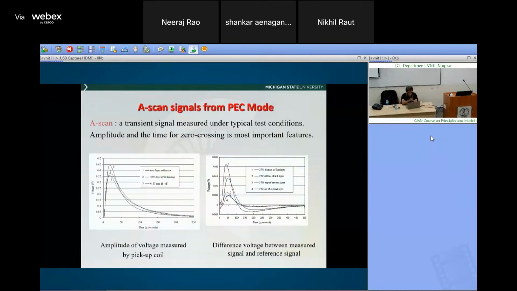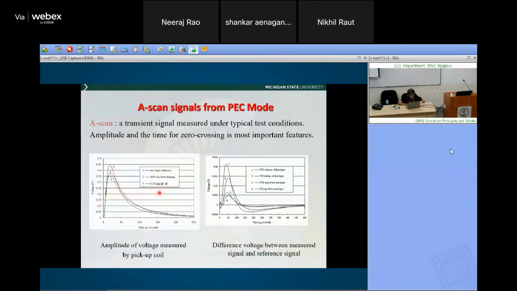This is a transient phenomenon, a transient signal, and here I think curve 1 is a 2-layer. Then you have a 40% top layer thinning, and the third one is 0.57 millimeter liftoff.